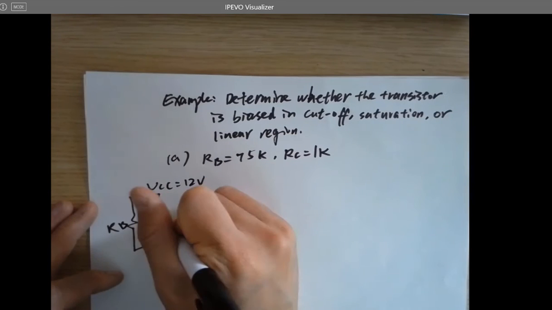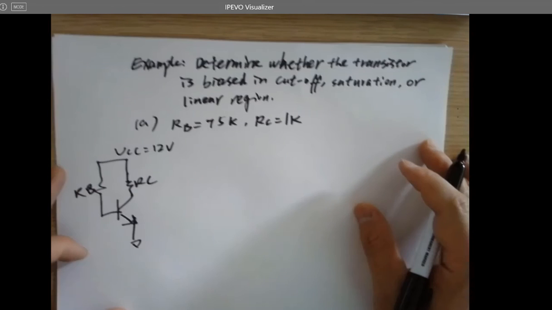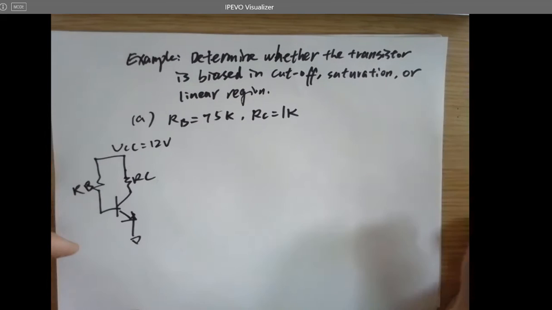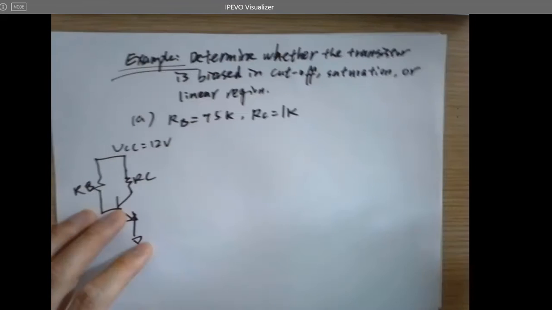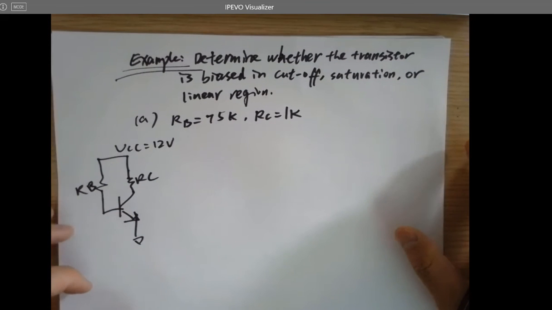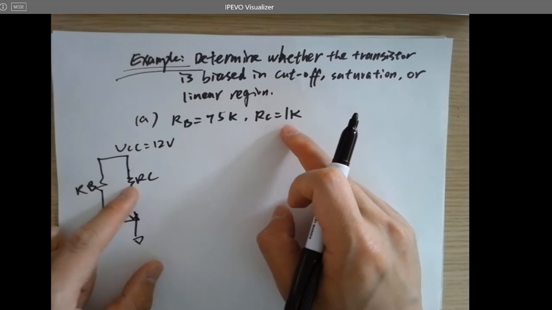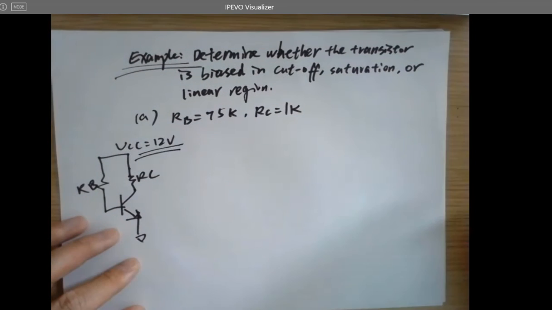That's RB, that's RC. Where to start with for this type of problem? 75K for this guy, and 1K for this guy. And this is given.